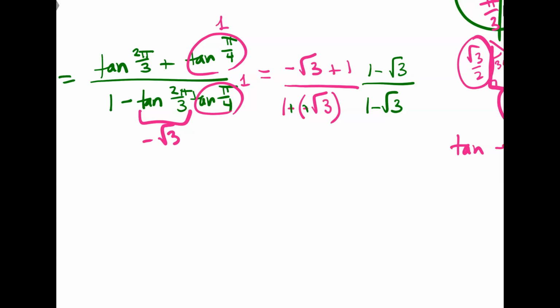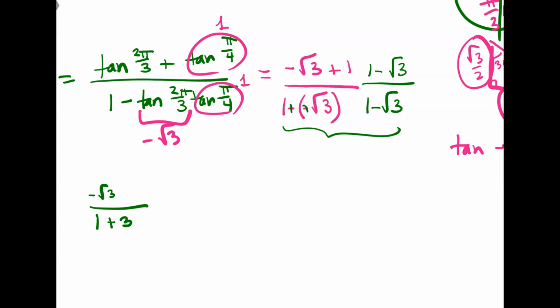Okay, so if I multiply these two out right here, I'll get 1 plus root 3 squared. Well, root 3 squared just turns into 3. That's on the bottom. And the top, I get, let's see, negative root 3, what? Isn't it negative root 3 squared? So you're going to multiply by negative root 3?